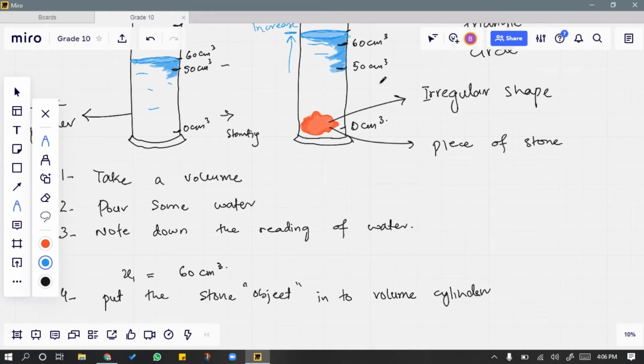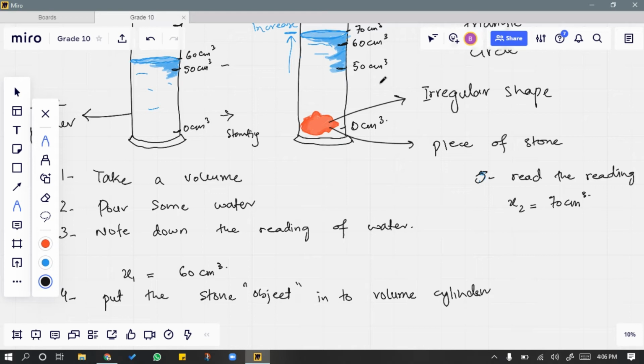Your step number 5 would be to read the reading again. In this case, you can see the reading is just above 60 centimeter cubic, so we mark it as 70 centimeter cubic. We label this reading as x2, which comes to 70 centimeter cubic.